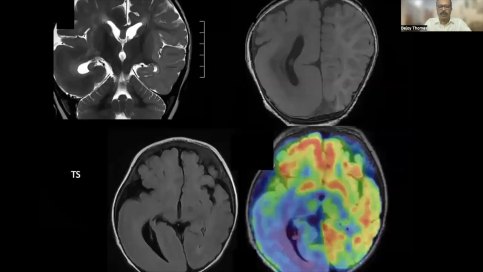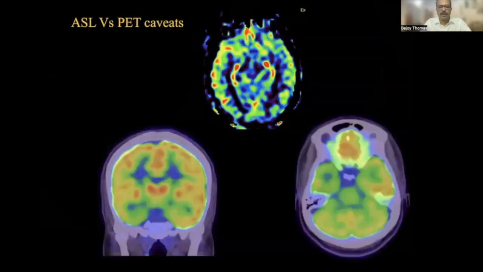You can also see in quadrantic hemimegalencephaly diffuse hyperperfusion, and also you can see the caveats of ASL and PET. In this case there is hypometabolism of the right temporal pole because PET is an interictal phenomenon. But by the time the MR is done, the patient had a recent seizure, and it is showing hyperperfusion.